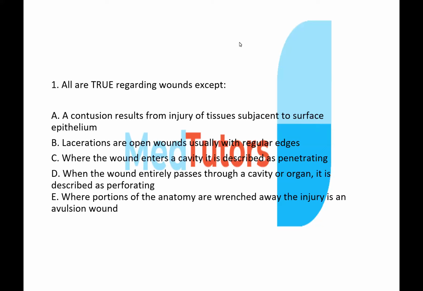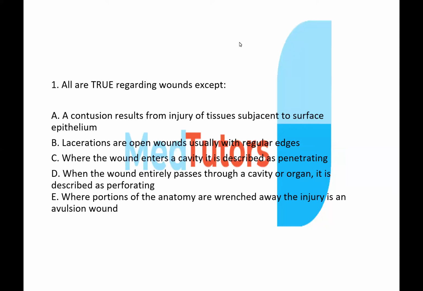D, when the wound entirely passes through a cavity or organ, it is described as perforating. E, where portions of the anatomy are wrenched away, the injury is an avulsion injury.